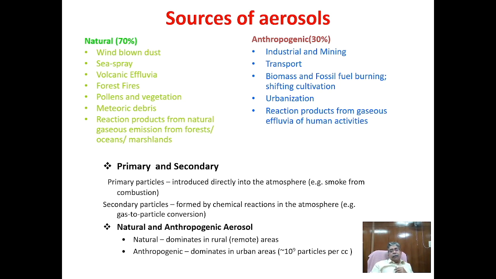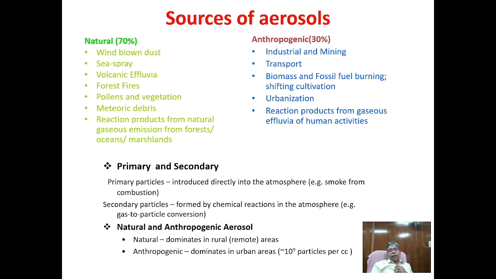Then there are secondary particles. These secondary particles are formed because of chemical reactions in the atmosphere, mainly from gas to particle conversion. So they are also a very major source of atmospheric aerosols.